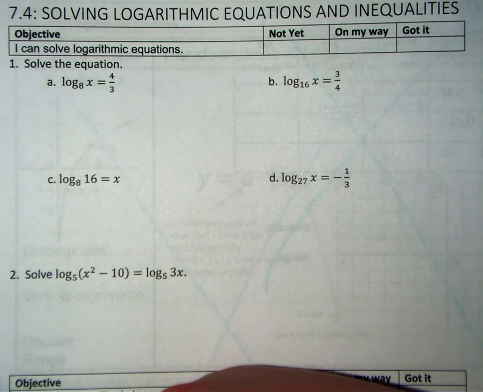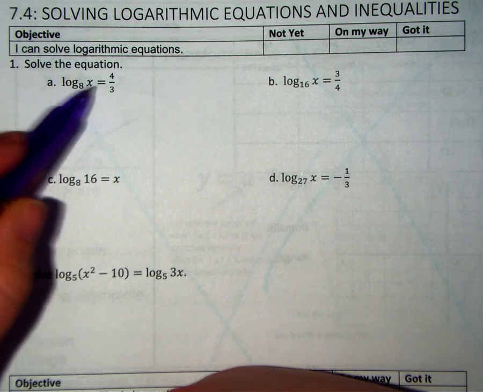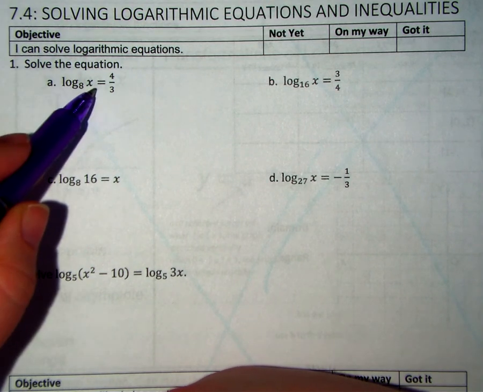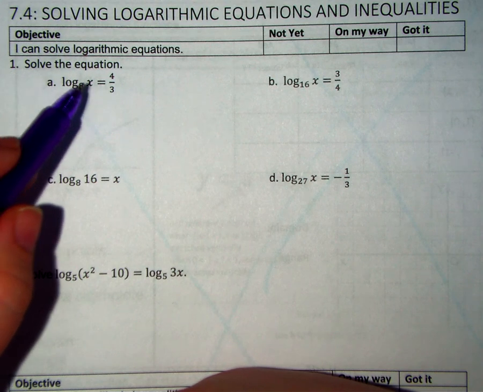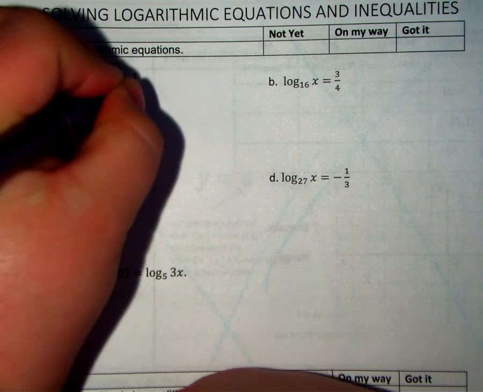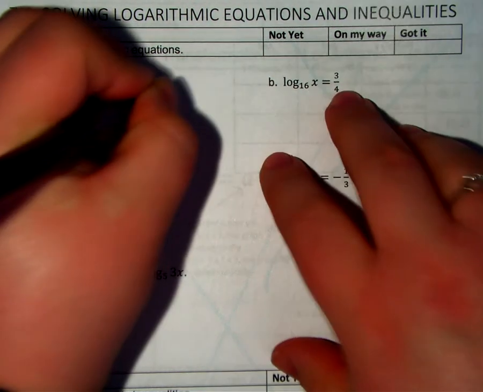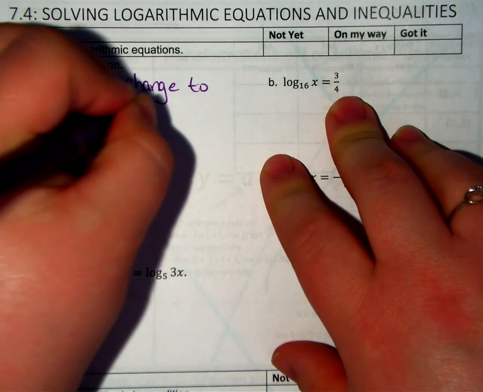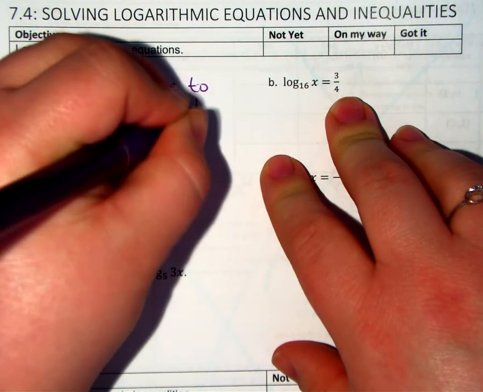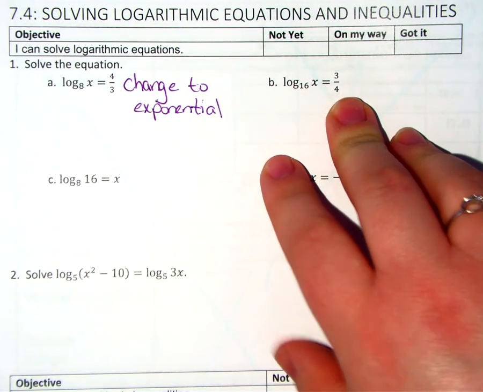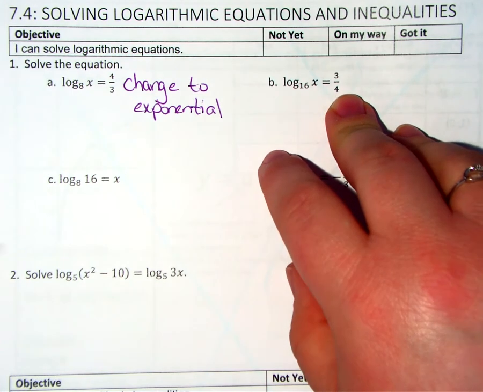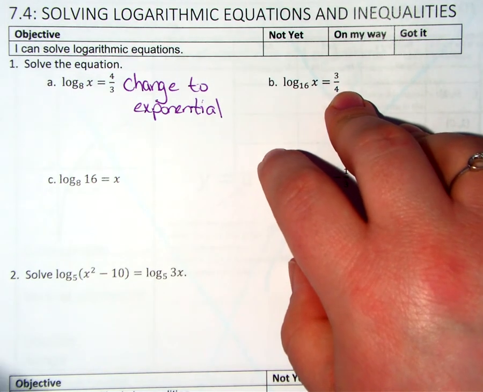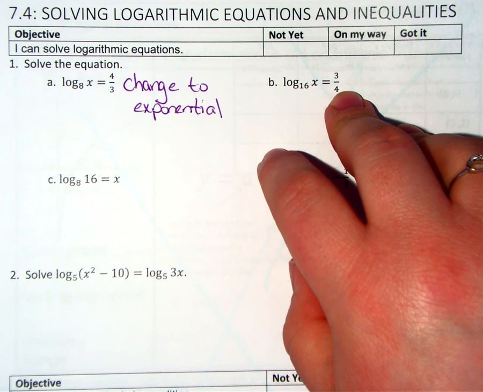I would recommend that when you get to a point that you don't know how to solve any further, for example, you have log of a number, then you need to change to exponential form. We can do that with the loop, with the question, or with memorizing 7.3, but we are going to change to exponential form here.